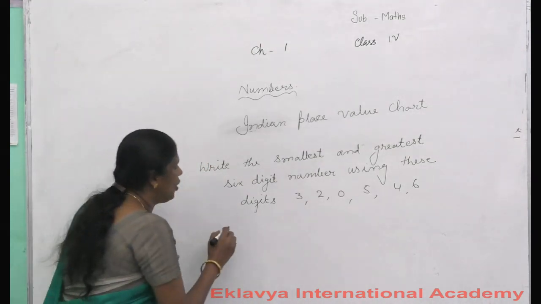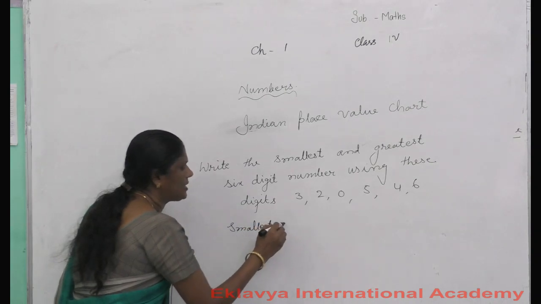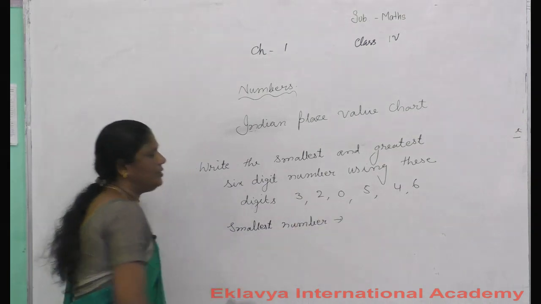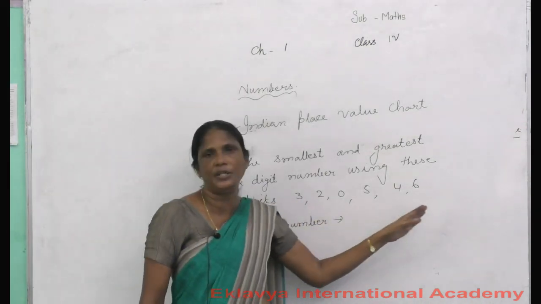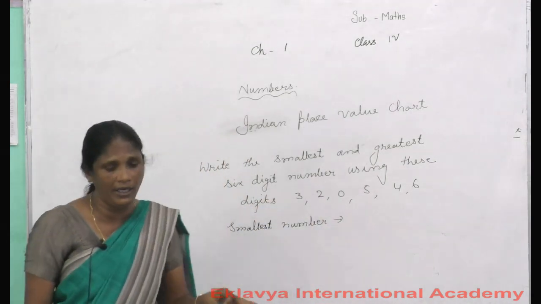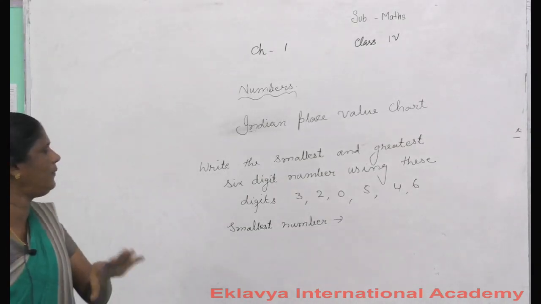First the smallest number. Which is the smallest digit here? 0. But we don't take 0 first.